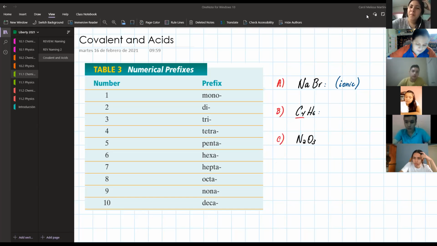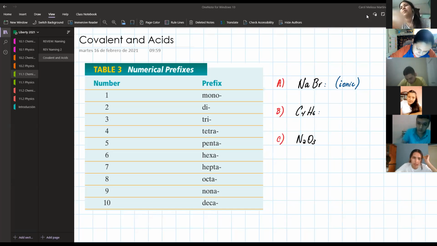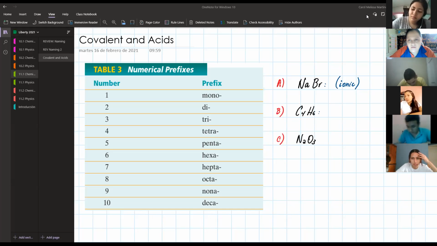So we have carbon and we have hydrogen. Both are metals, both are non-metals, or we have a metal and non-metal. What is carbon? Is it a metal, Ellie Emerson? Can you repeat me? Is carbon metal or non-metal? Non-metal.